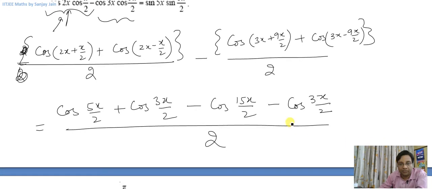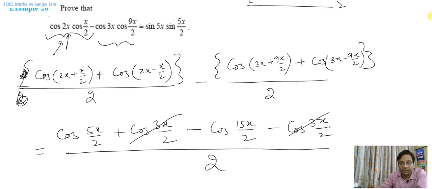Okay, now if you notice, this cos 3x by 2 and cos 3x by 2 are being cancelled here, and what I'm left with is cos 5x by 2 minus cos 15x by 2, right?